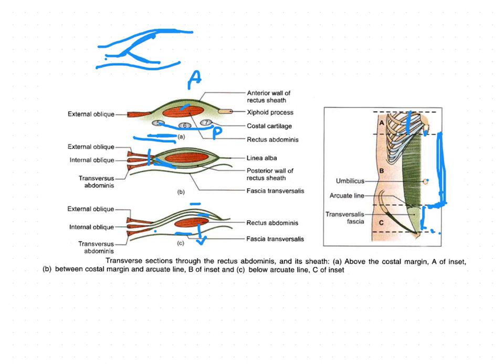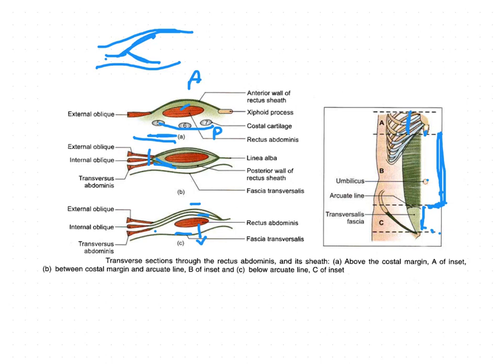Now coming to the veins, it also lodges the superior epigastric vena comitans, which accompanies the superior epigastric artery, and the inferior epigastric vena comitans, which accompanies the inferior epigastric artery and joins the external iliac vein.